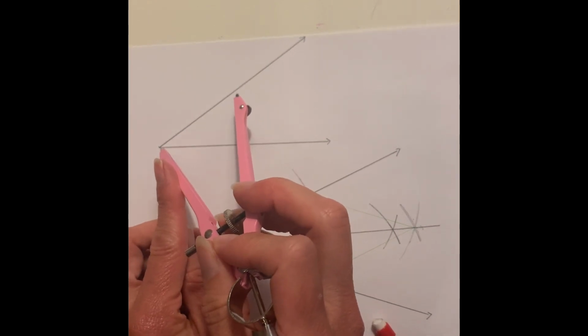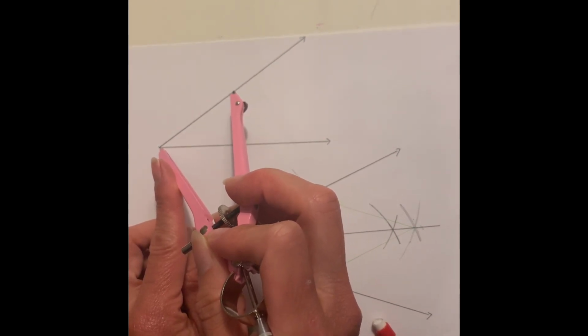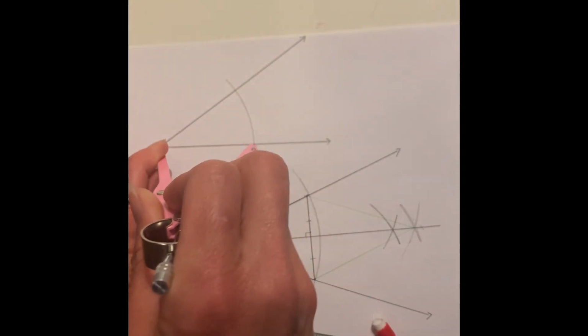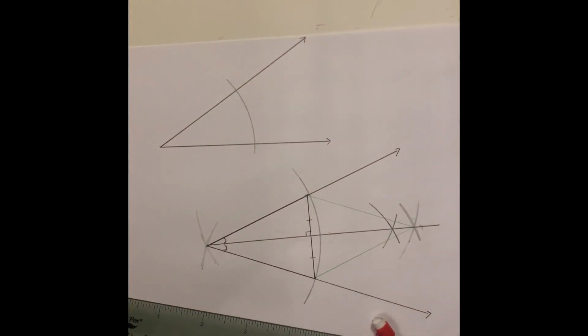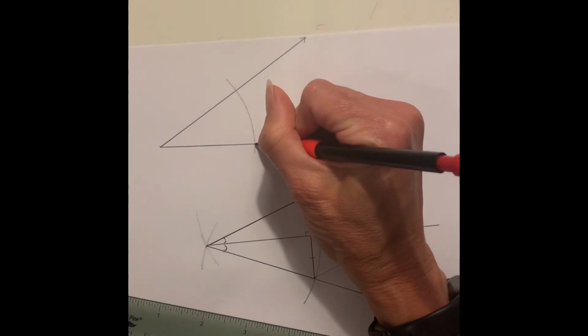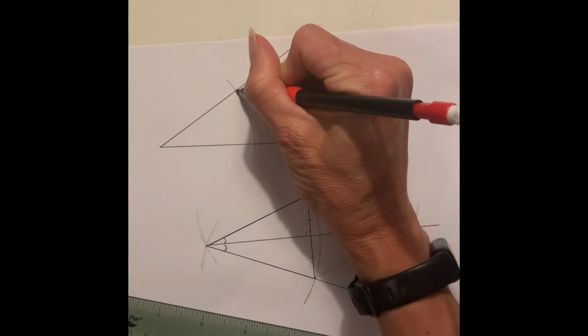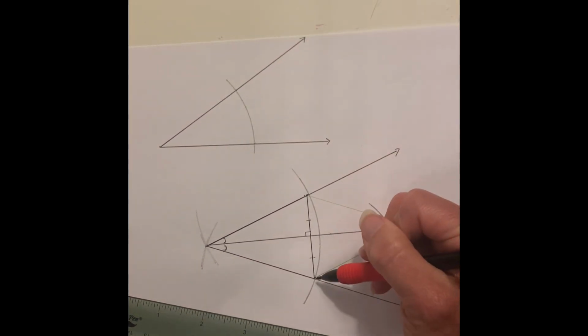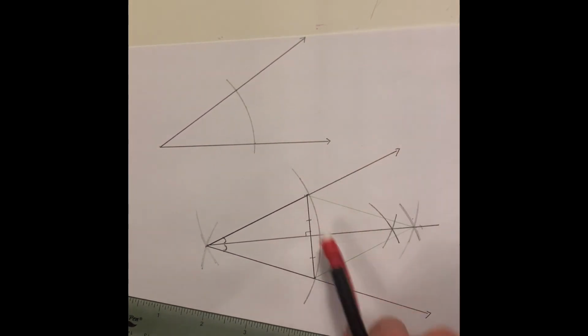As you put the point of your compass on that vertex and make your arc, these 2 points you just made are the same as the endpoints of the base of your triangle.